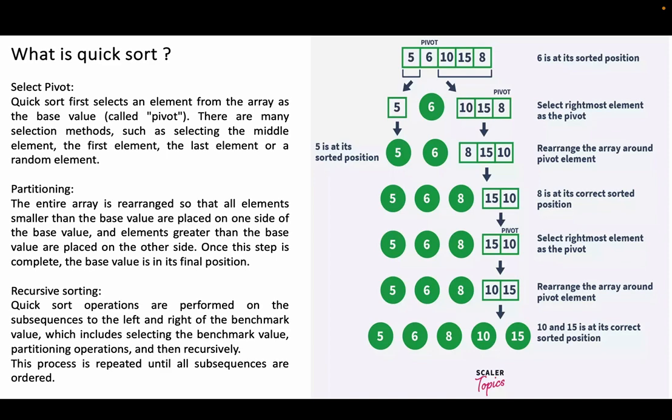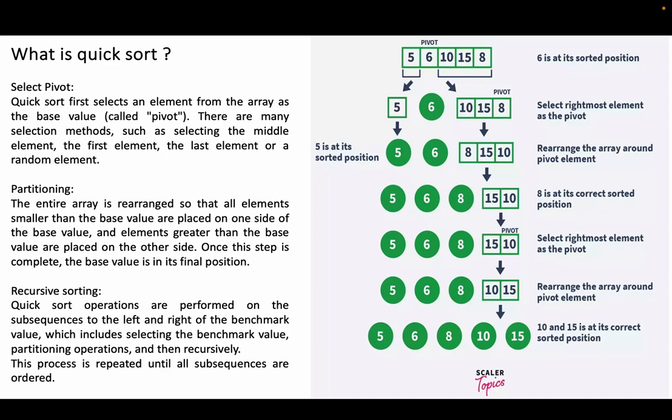The second step is partitioning. The entire array is rearranged so that all elements smaller than the base value are placed on one side of it, and elements greater than the base value are placed on the other side.